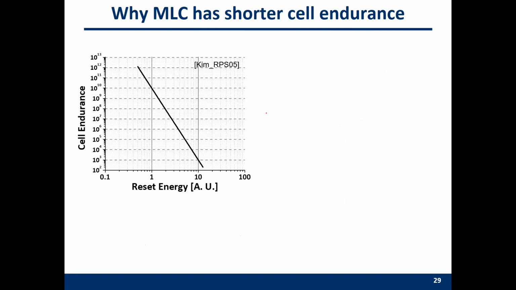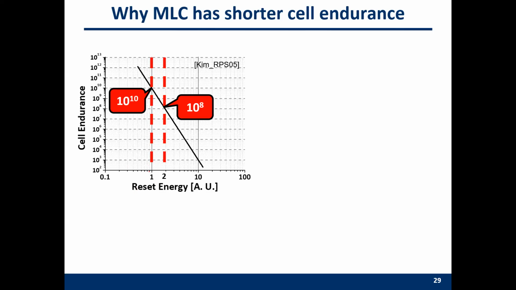Another problem is that now, including your flash drive and also the phase change memory, the cell will be broken after a fixed number of writes. The previous work found that there is a huge impact introduced by the reset energy on the cell endurance.